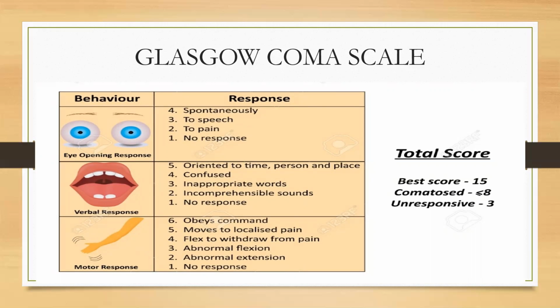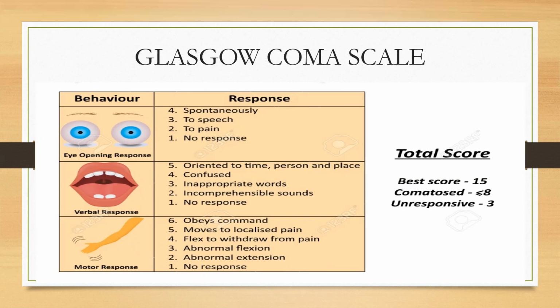Verbal response includes 5 points: orientation to time, person, and place. 4 points when the person is confused. 3 points for inappropriate words. 2 points for incomprehensible sounds. And 1 point when there is no verbal response.